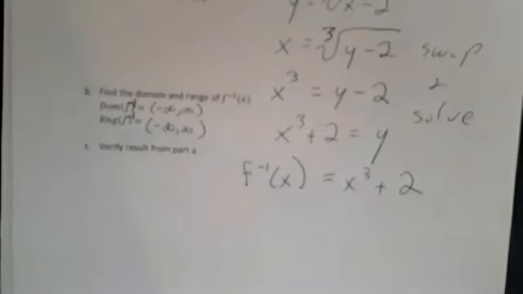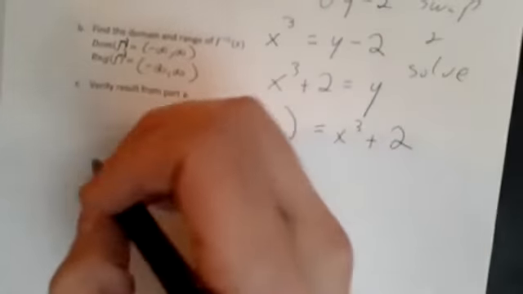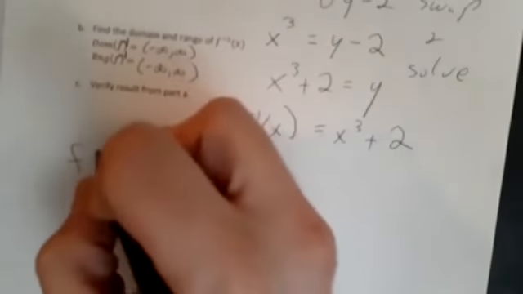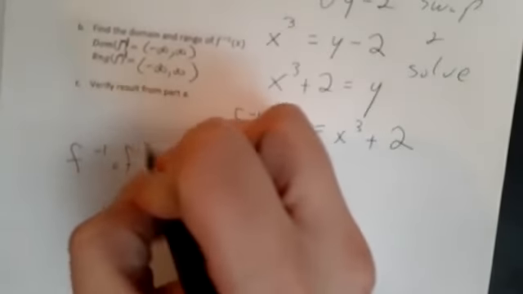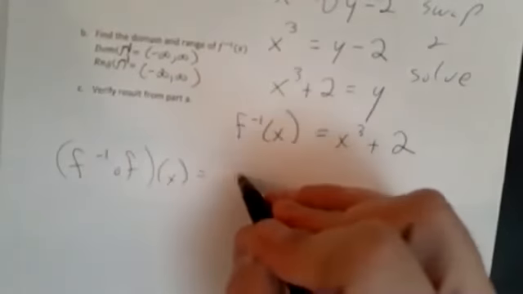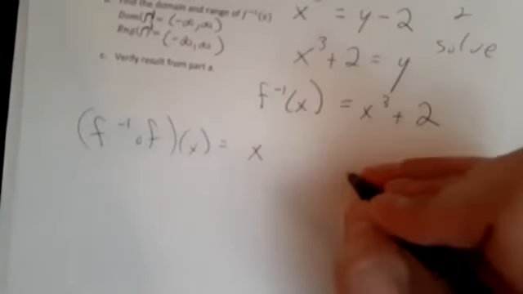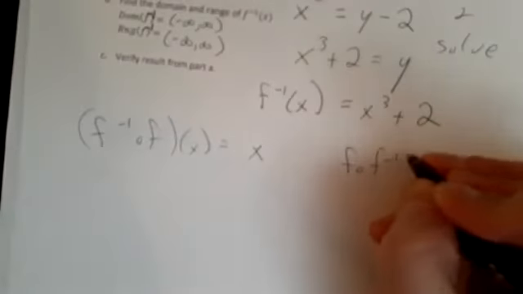Verify the results from part A. So if we want to verify the results, we have to come back to our definition. So f inverse of f of x, we want to verify that this is equal to x. So we want to solve this left side and verify that this is equal to x. And then we also want to do it the other way.